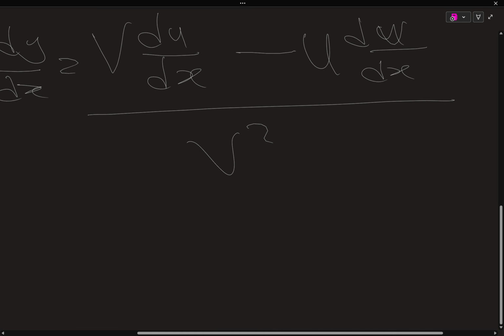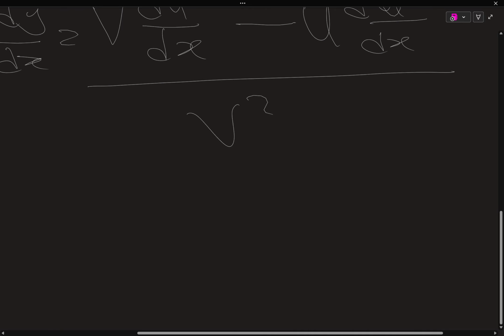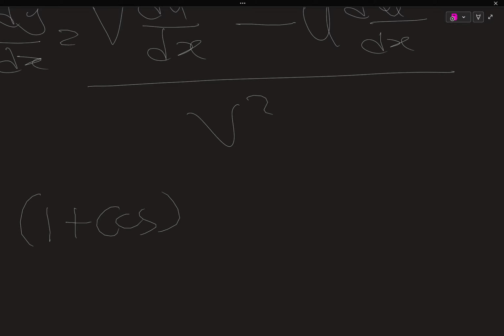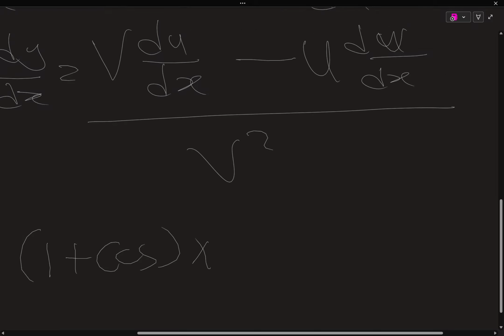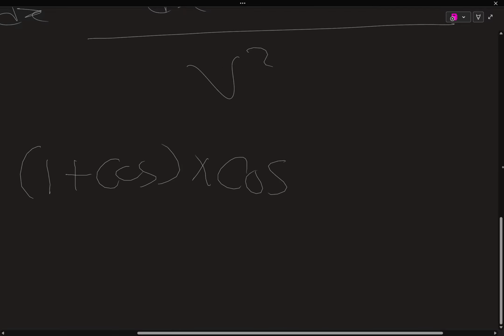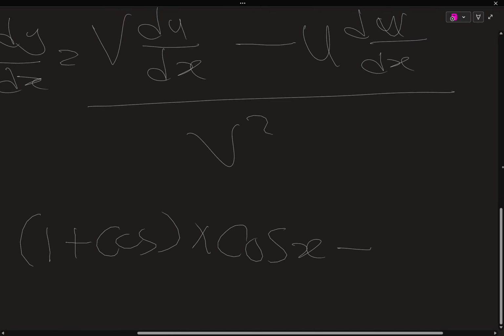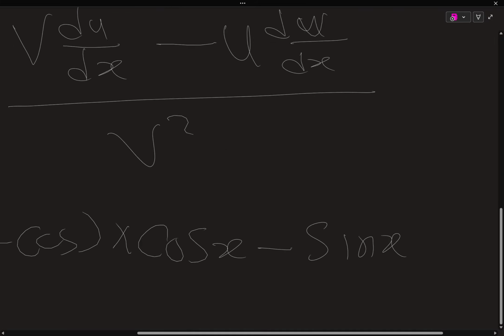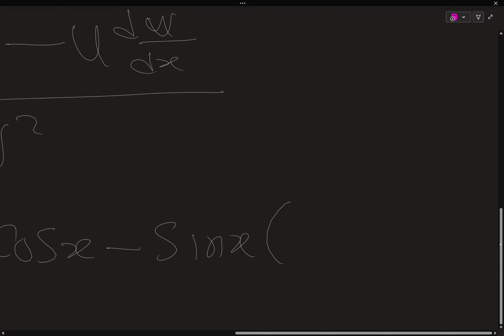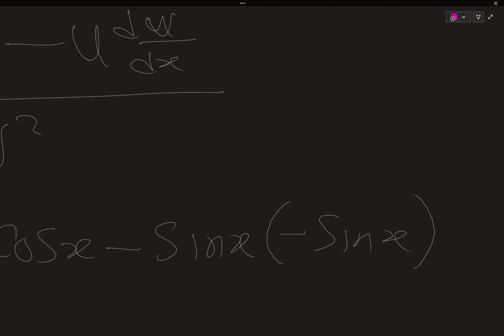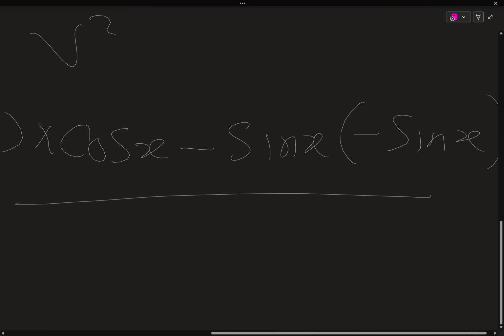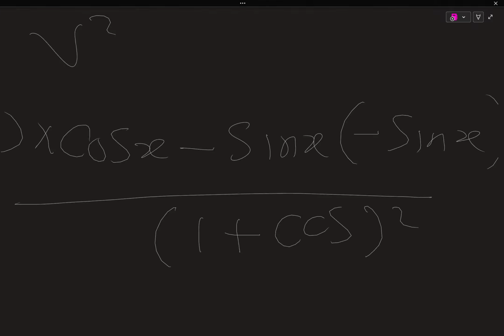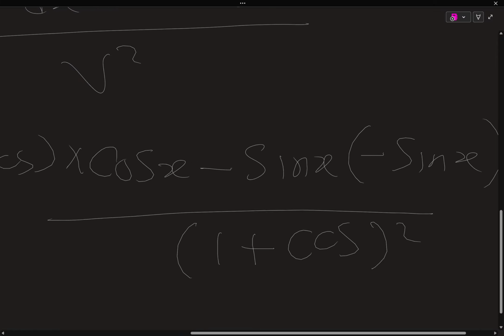We know our v as 1 plus cos x, multiplied by our du/dx, which is simply cos x, minus our u, which is simply sine x, times our dv/dx, open brackets, negative sine x, closed, divided by v squared, which is 1 plus cos x squared. So this is what we have.